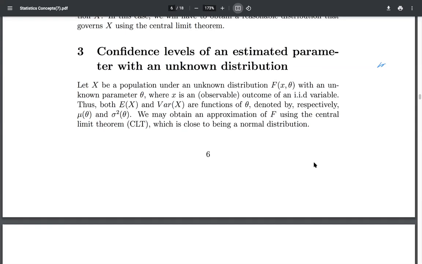We want to estimate the expected value of this population X. We want to estimate the variance of X so that we know how close this is.